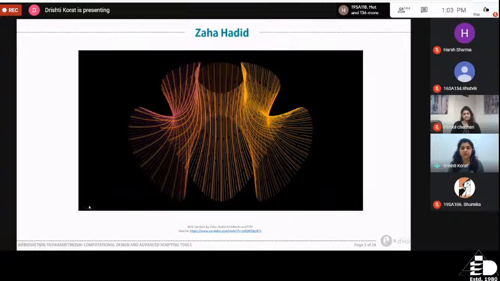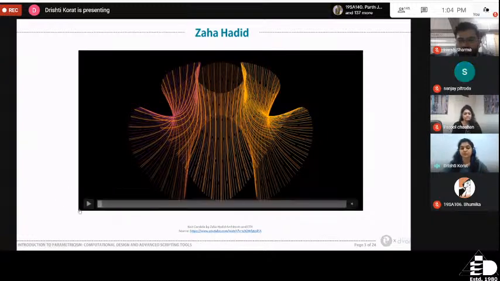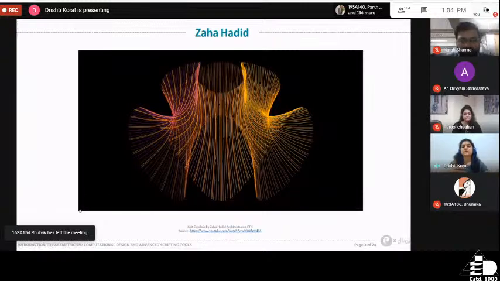Here we have an example of the collaboration between Zaha Hadid Architects and ETH Switzerland. Both of them came together to design this pavilion, which illustrates the methodology or process. This is more or less an illustration of her design methodology for most of her buildings.